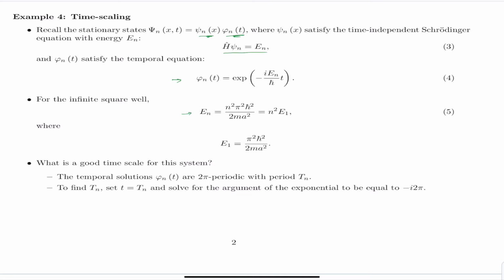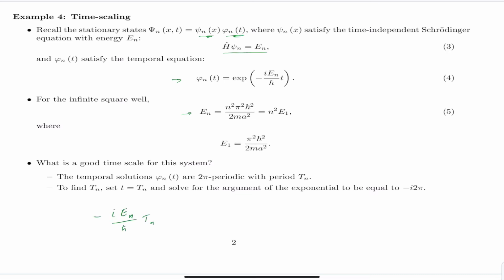So we might ask, what's a good time scale for this system? Well, the temporal solutions, if you look up in equation 4, are periodic with period T sub n, right? Because the exponential is a 2 pi periodic function. So we can solve for the period by setting t to capital T sub n, that period, and then set the argument of the exponential to negative i 2 pi.